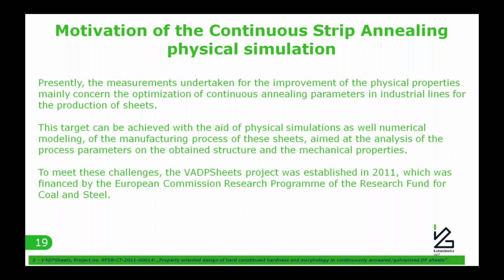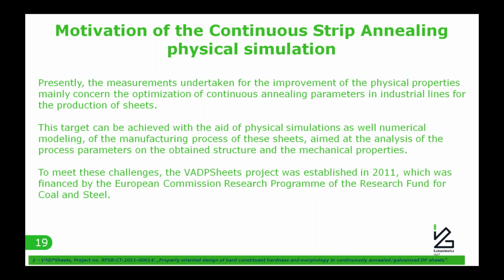Presently, the measures undertaken for the improvement of physical properties mainly concern the optimization of continuous annealing parameters in industrial lines for the production of sheets. This target can be achieved with the aid of physical simulations as well as numerical modeling of the manufacturing process of these sheets, aimed at the analysis of the effect of process parameters on the obtained structure and the mechanical properties.